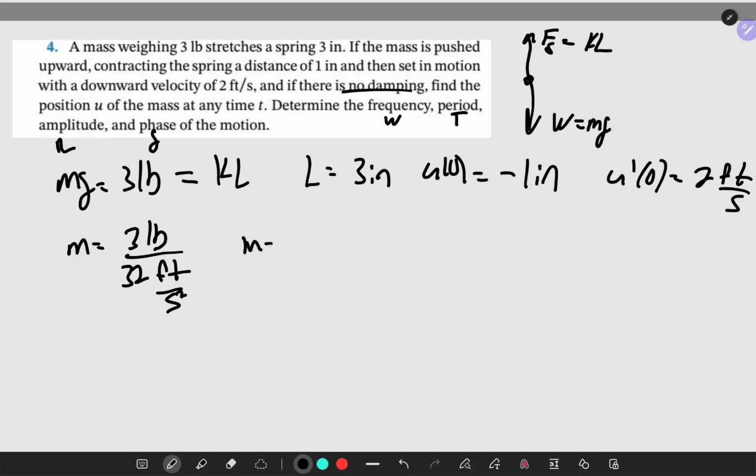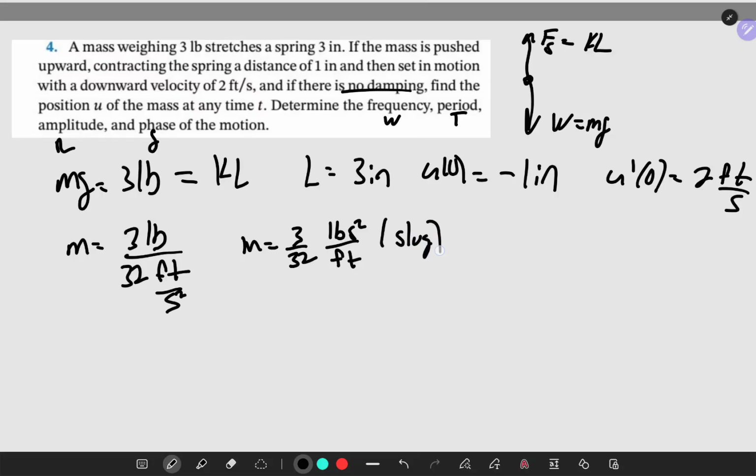So then our mass would be 3 over 32 pounds second squared per feet, or that's otherwise known as a slug, right? Pound second squared over feet is a slug. I hate imperial units so much. It's so stupid. I wish this was metric.